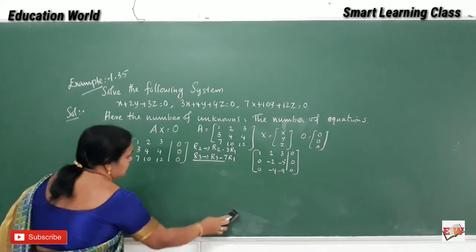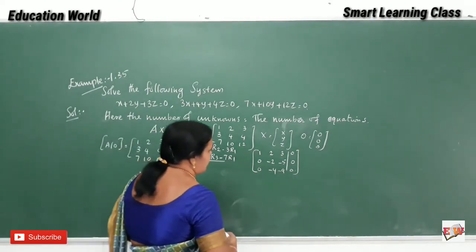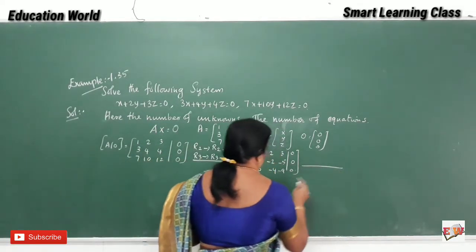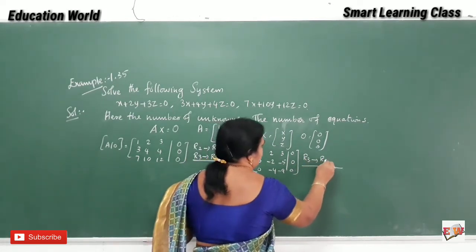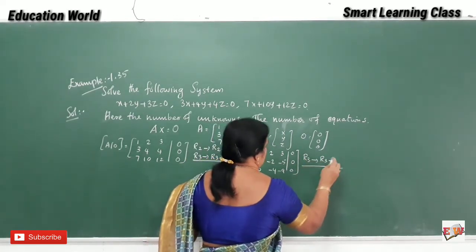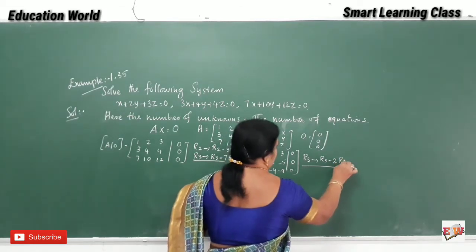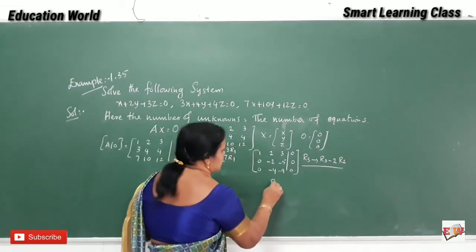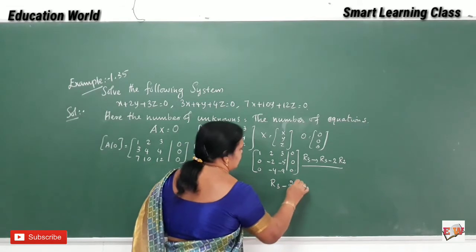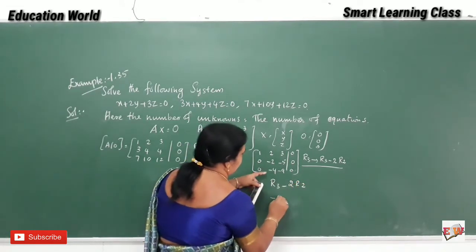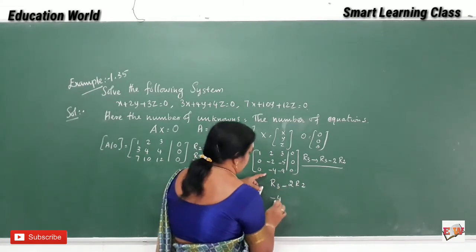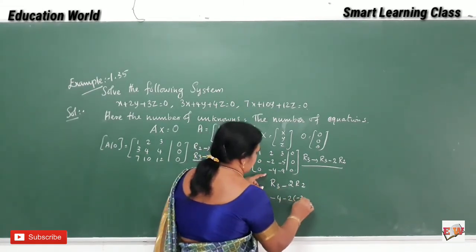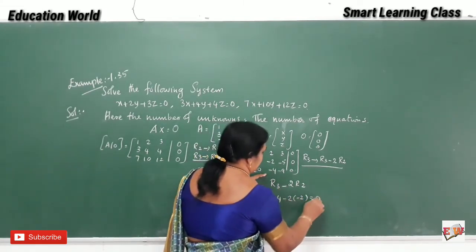We have to bring this augmented matrix into row echelon form. So R3 gives R3 minus 2R2. See, what is that R3? Minus 4. For this, 0 minus 0, so no need to do. Minus 4 minus 2 into minus 2, minus 4 plus 4, 0.